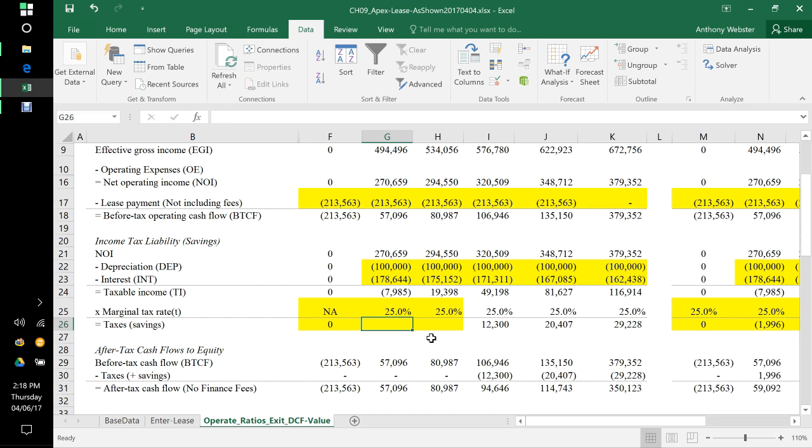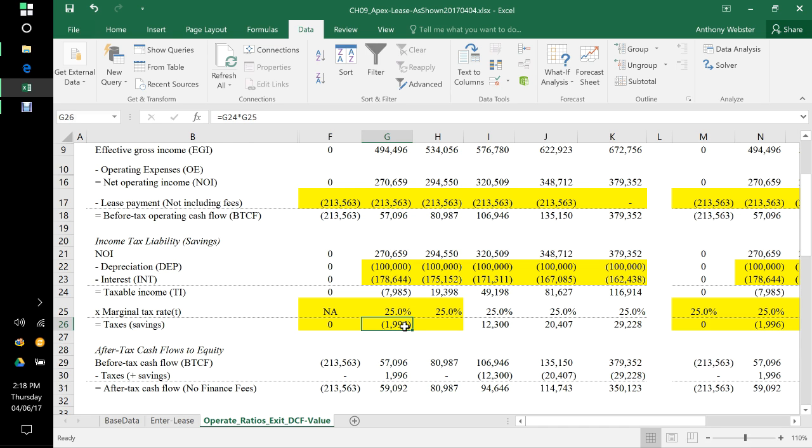Okay, so now we get our taxes or savings, which are simply our taxable income times the tax rate. And as explained in class, we are going to assume whenever we get a negative taxable income that we get a tax refund from the government, which could conceivably even be in cash.